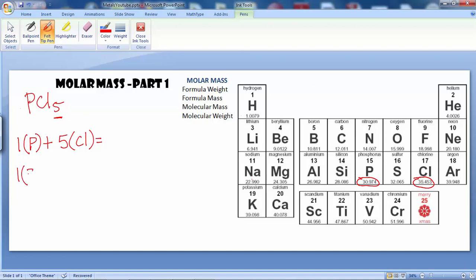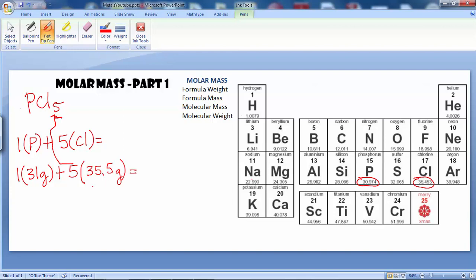We can round it to 31 grams. And chlorine, we have 5 atoms, which comes from the formula, 5, and its atomic mass is 35.5 grams.